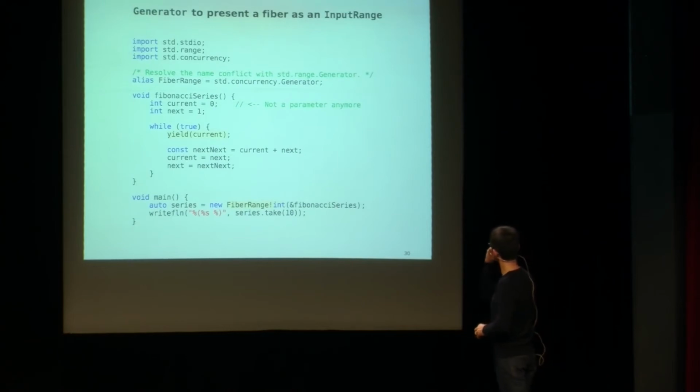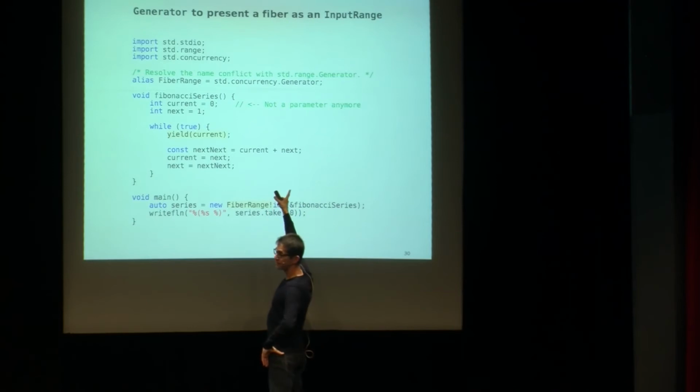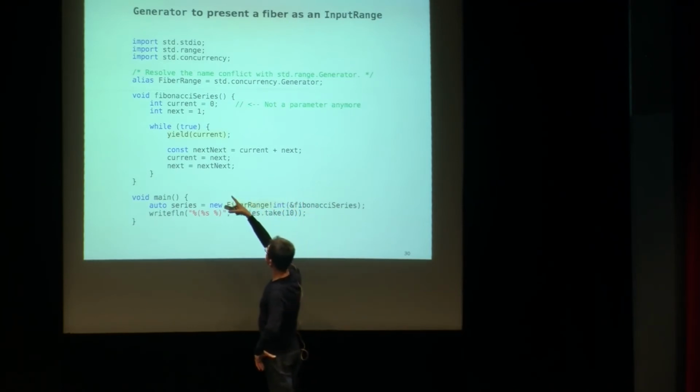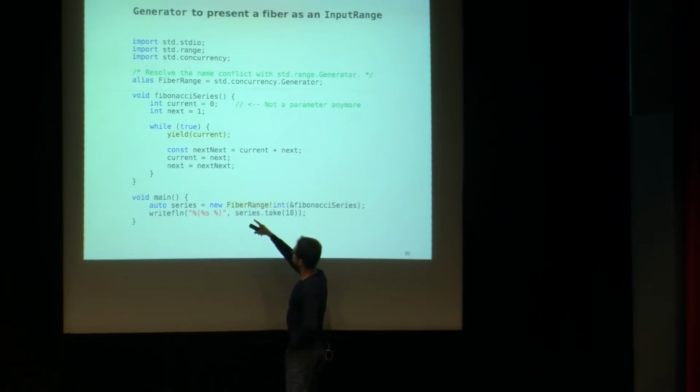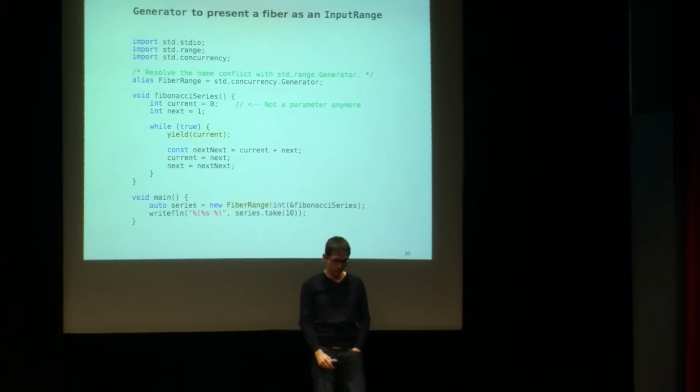So enter the standard concurrency generator, where I'm aliasing it as a fiber range there. So it's right here. I'm saying fiber range starts with this Fibonacci series function, and it produces int results.